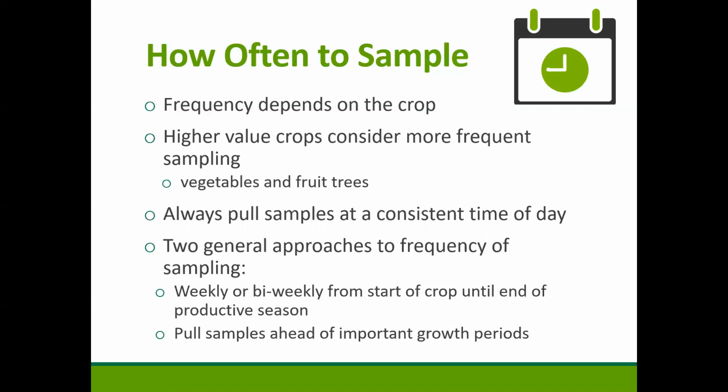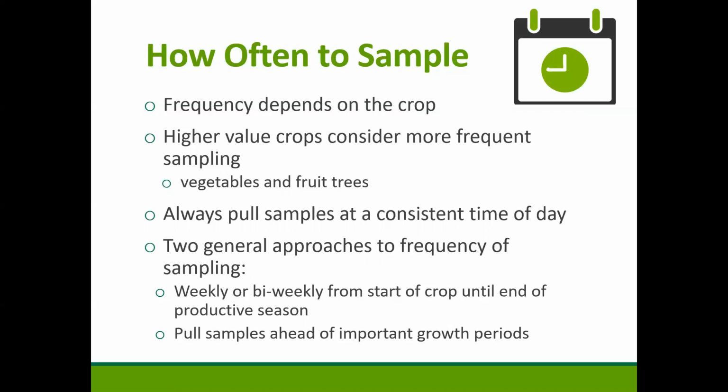Also, it's generally wise to get a program or a schedule in mind ahead of time so you have an idea how you want to do your sampling on that crop. Below are listed two different options.